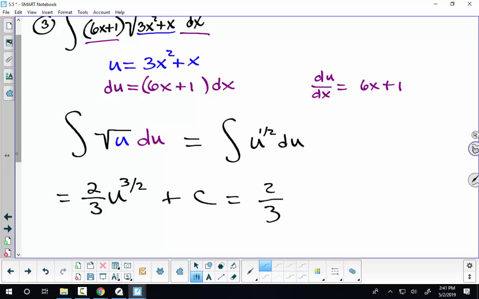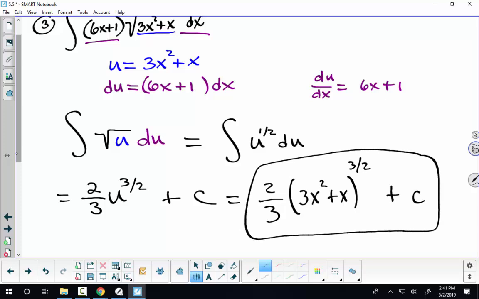So our antiderivative is 2/3 (3x squared plus x) to the 3/2 plus c. Does anyone have any questions?